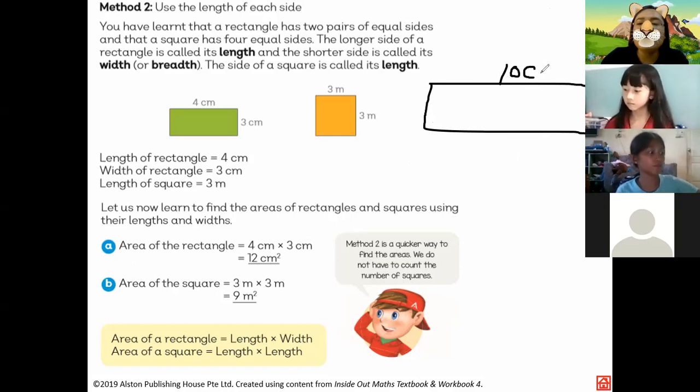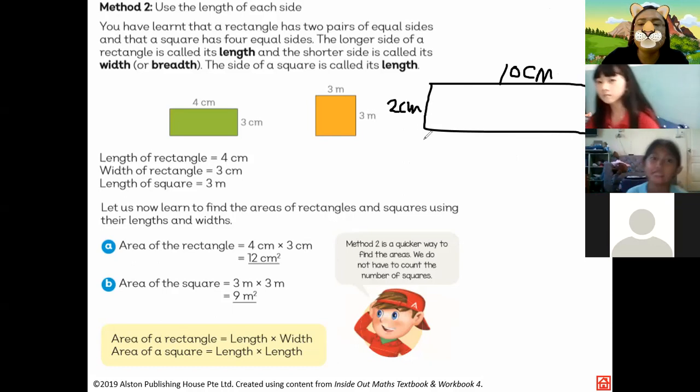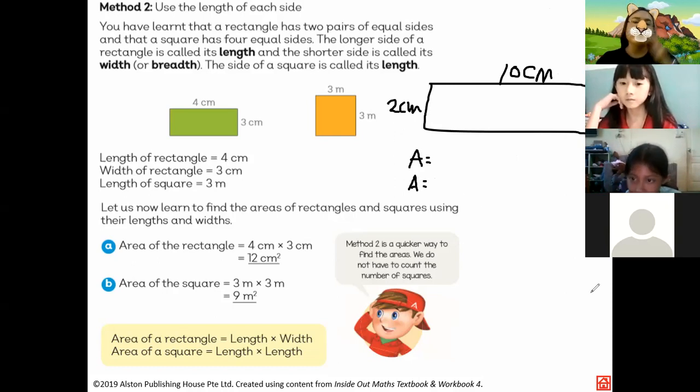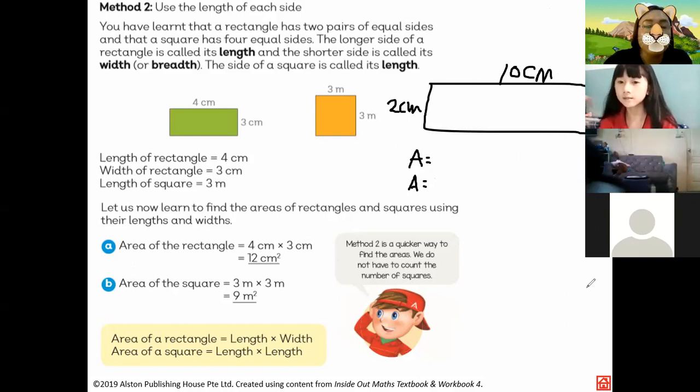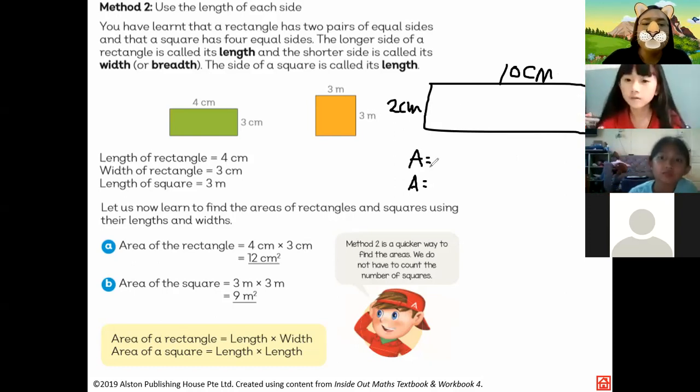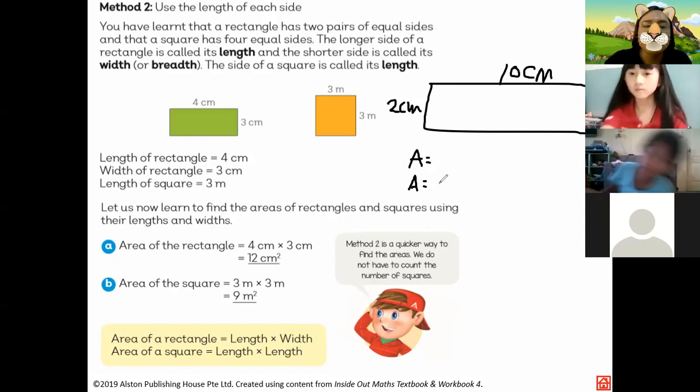10 centimeters and 2 centimeters. 10 multiplied by 2. Area 20 centimeters squared.